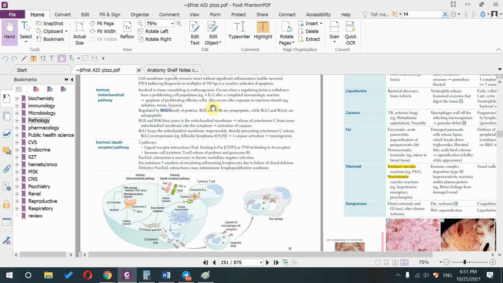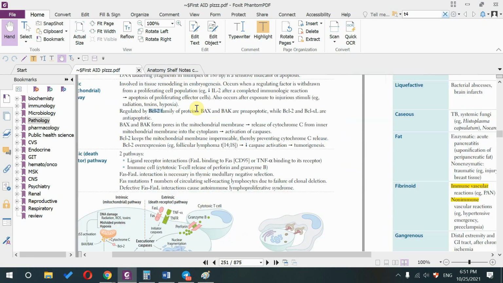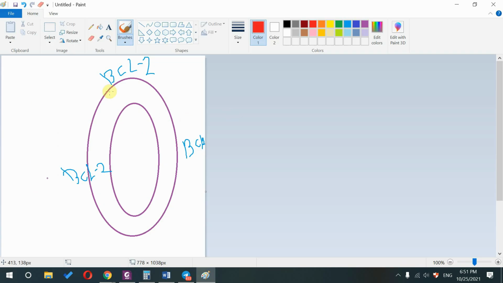Because any guard has an enemy. Well, the BCL family proteins, which protect the mitochondria, have two enemies, the BAX and the BAK. They are pro-apoptotic. So these are anti-apoptotic and these are pro-apoptotic. So the BAX and the BAK are the enemies.